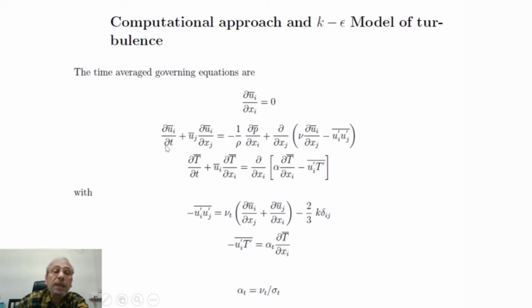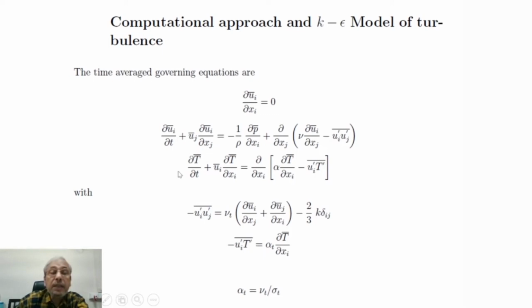As you can see, del t of ui bar plus uj bar into del xj ui bar equal to minus 1 by rho del xi p bar plus del xj within bracket nu del xj of ui bar minus ui prime uj prime over bar, and this is the contribution of Reynolds stress tensor.